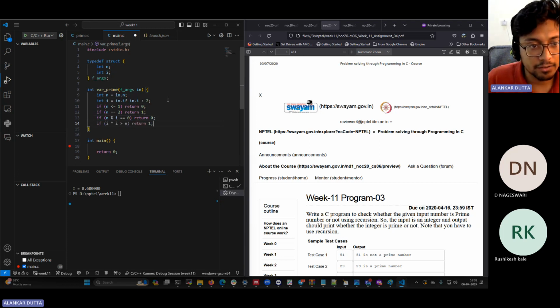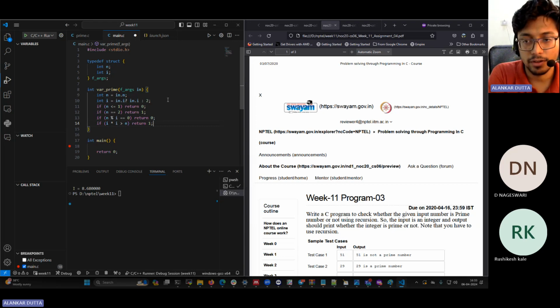And then if you go I times I, so this is I square. If I square is greater than n, then that would mean that you have gone beyond root n, right? And once you see that you have gone beyond root n, then you have exhausted all your space, because you will be calling this with n plus 1, n plus 2, n plus 3, something like that.